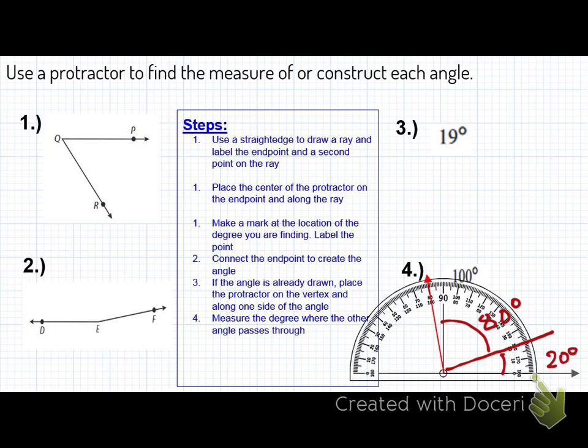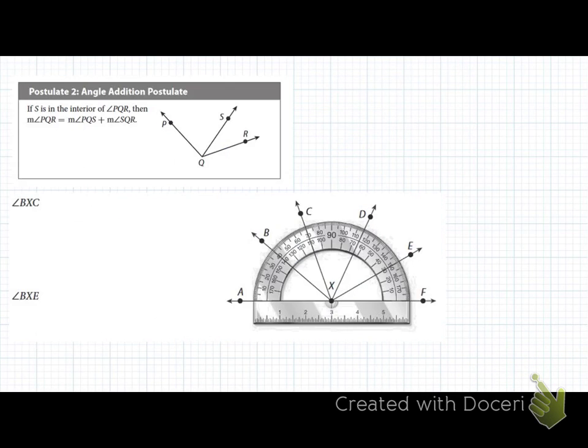Okay, so I want you to know that we can add angles together that are next to each other to make a larger angle. So here is a postulate you should know. It's called the angle addition postulate. And it says if S is in the interior of angle PQR, which is, there's S, and it's in the interior of PQR, that means that we know that the measure of angle PQR is going to be equal to PQS.